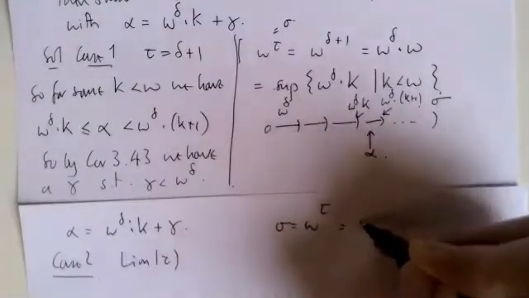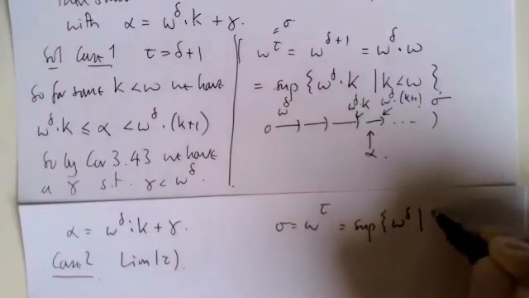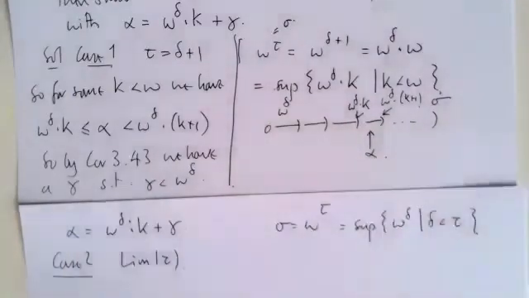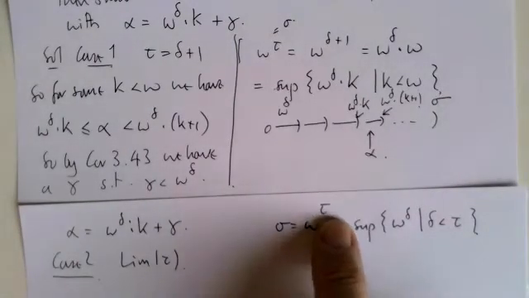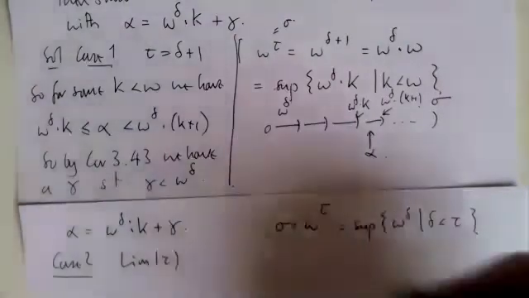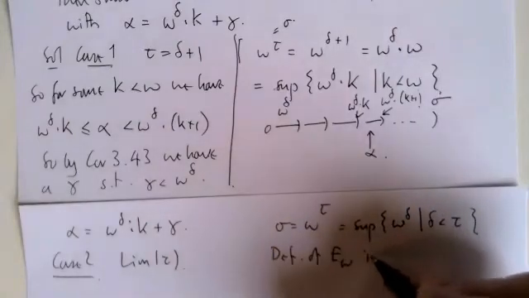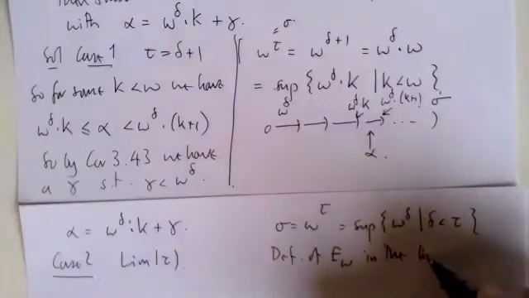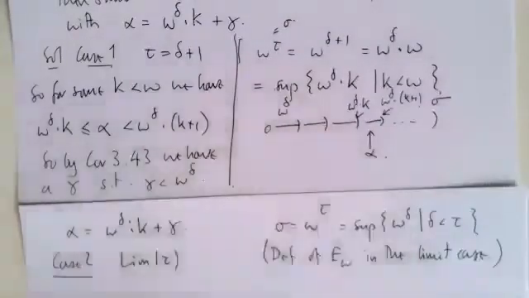Tau is a limit, so this is by definition the supremum of the omega to the delta for delta less than tau here. Definition of exponentiation in the limit case here. So that's all I'm using there.